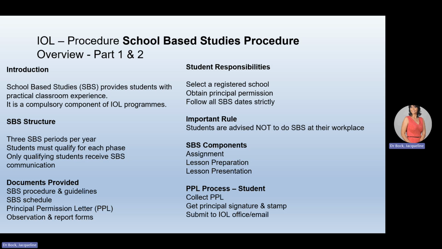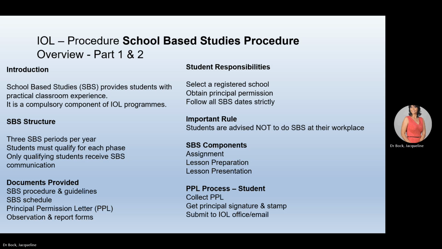We have already said that the structure is that you have the 3 SPS periods per year, so you will be going out to the schools 3 times a year for the exposure, and then you must qualify for each phase. This will be communicated with you.